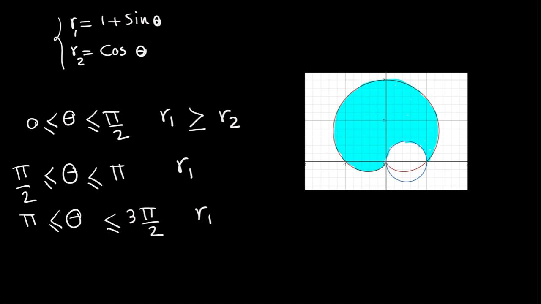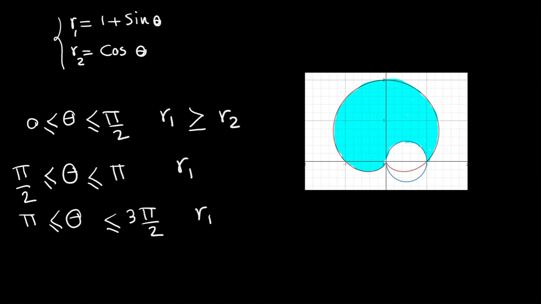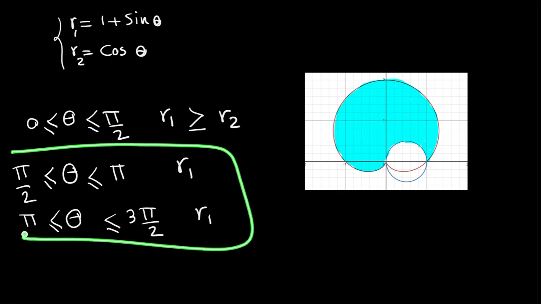So to find the overall area, we can take the difference between r1 and r2, and then take the integral from pi half to 3 pi half of r1.